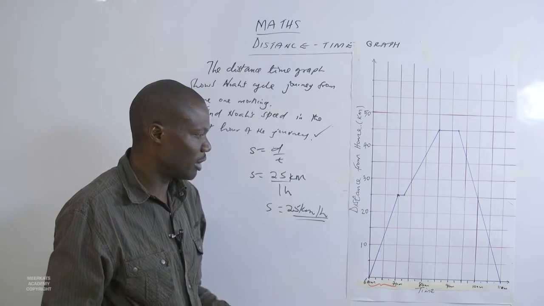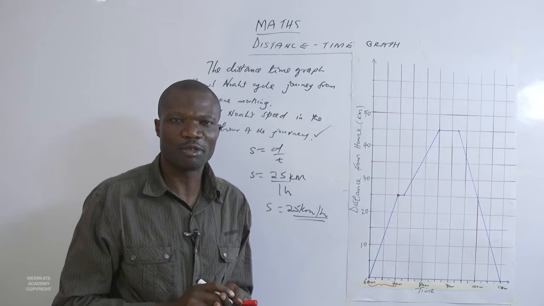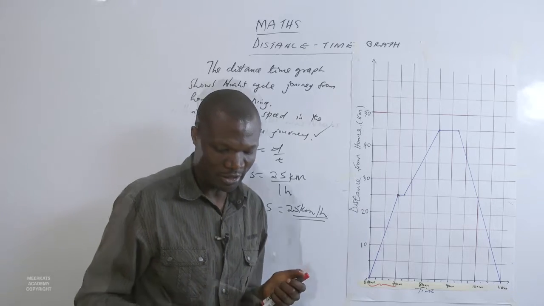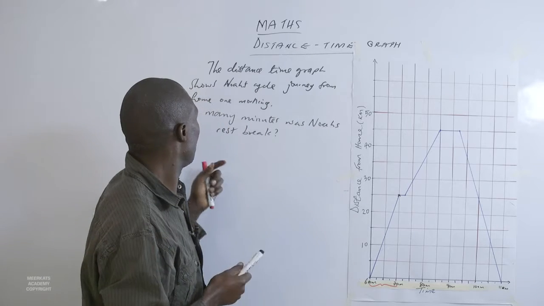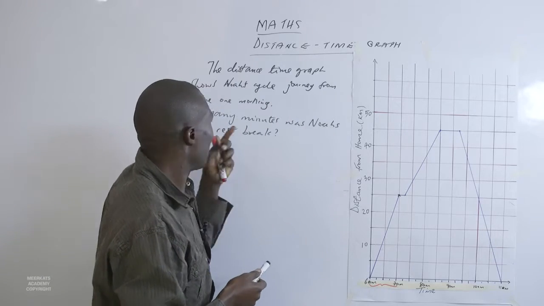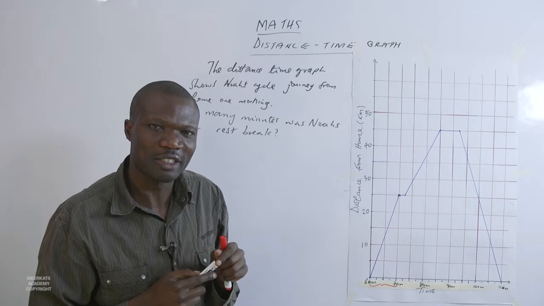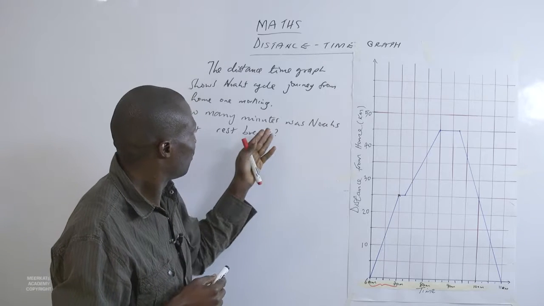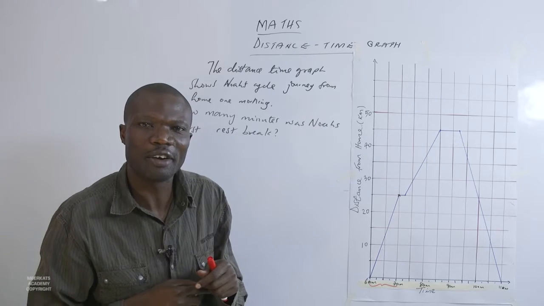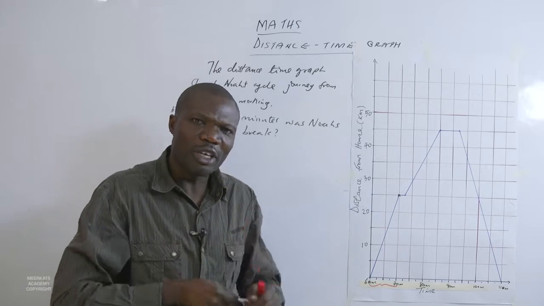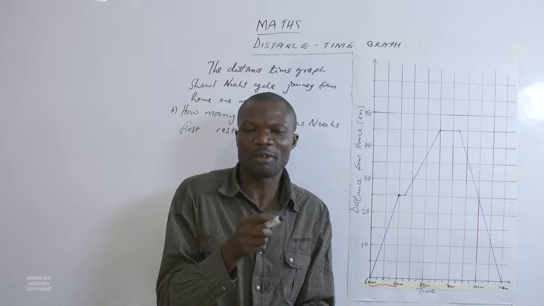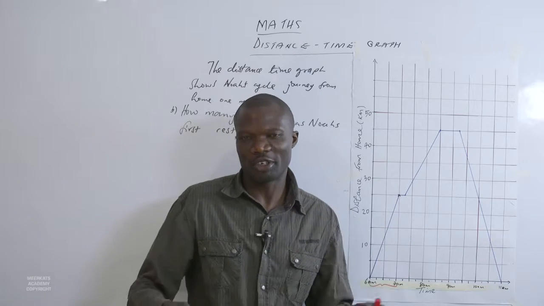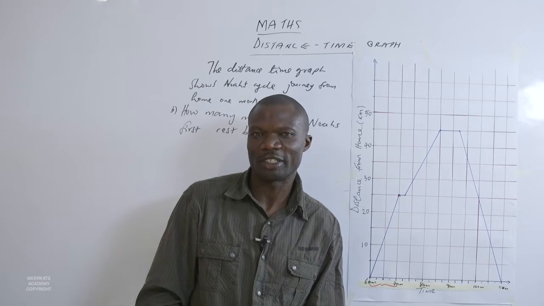We identified the point. Let us look at the second question and see what it needs. It is asking us, how many minutes was Noah's first rest break? When you talk of rest, I've already illustrated: the moment you see a horizontal line on a distance-time graph, that is when you are resting.